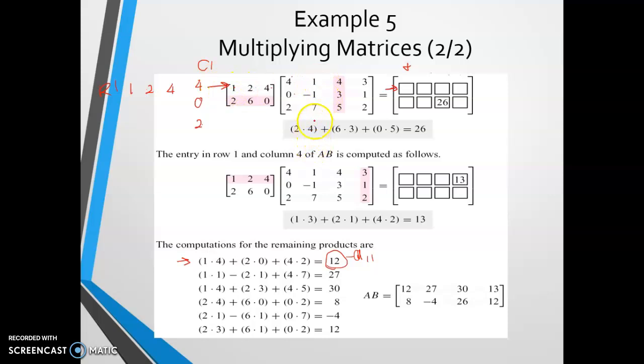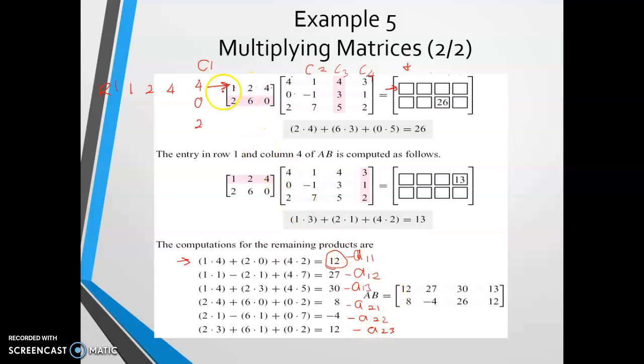Okay, so we continue with R1 multiplied with C2, and then next R1 multiplied with C3, and next C4. Okay, AB12, AB13, AB21, AB22, AB23. Betul? Dapat tak?